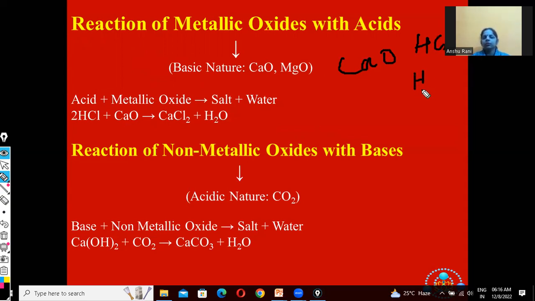They combine together to form H2O, water, and CaCl2. Then the reaction of non-metallic oxide with bases. Non-metallic oxide carbon dioxide reacts with the base calcium hydroxide. This is the same reaction we have done just now. It gives you calcium carbonate plus water. This first reaction we did as a confirmatory test for carbon dioxide gas.